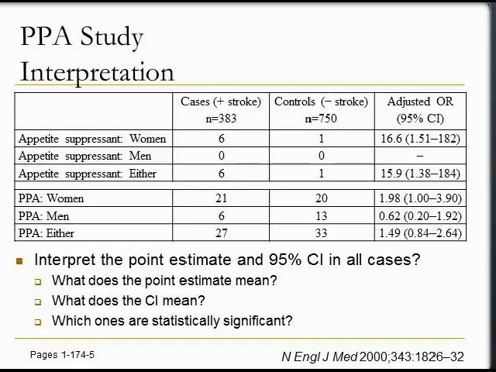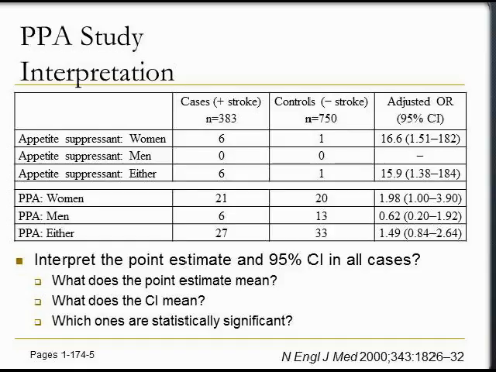Let's focus on the women first. So this is the risk of developing stroke versus not developing stroke in women, and you can see that there's almost a twofold increase in that odds, but not statistically significant, right?